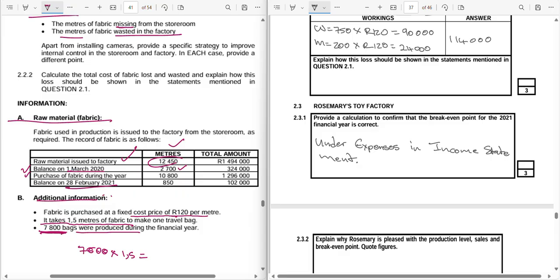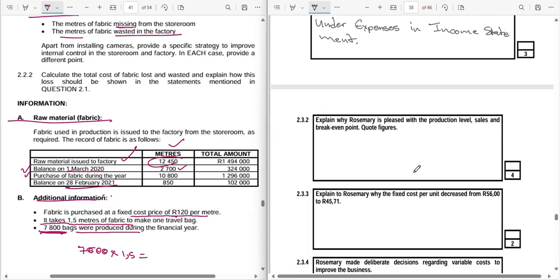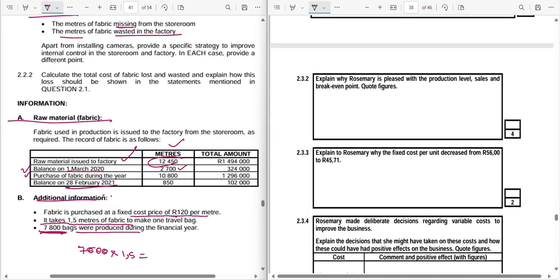These are expenses. So we go to the next one, they are saying explain why Rosemary is pleased with the production level. So whenever you see production level, sales, and break-even, one of these, you should know, my accounting gurus, that you have to talk about your break-even point, your units sold and produced, and your BEP, break-even point.